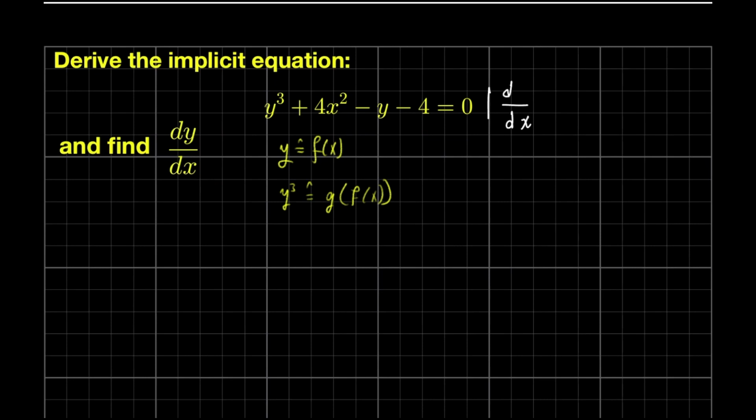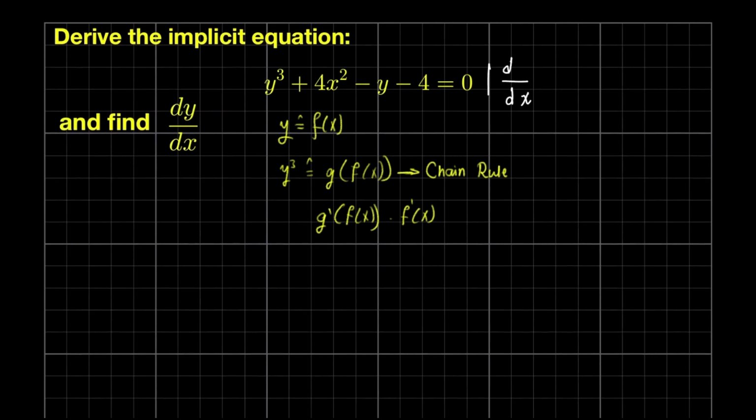And in order to derive this term, we need to use the chain rule, meaning we will get the derivative of the outer function, g of f of x, multiplied with the derivative of the inner function, meaning f of x. And so what that means for the first term, we will have dy/dx, because if we have a function y, the derivative of that will be dy/dx if we apply our d/dx operator.